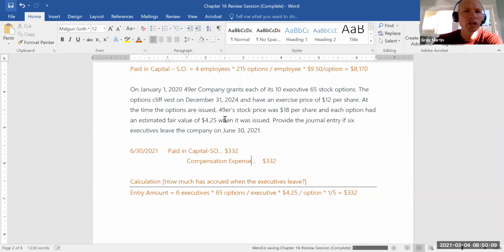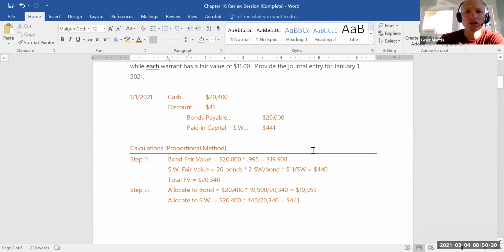Again, we're unwinding the previous journal entry. We're taking the paid-in capital stock option off of our books. We're taking the previously recorded compensation expense off of our books as well, in order to make the adjustment for when those executives leave. This is very similar to the first problem, but the first problem was just one CEO.